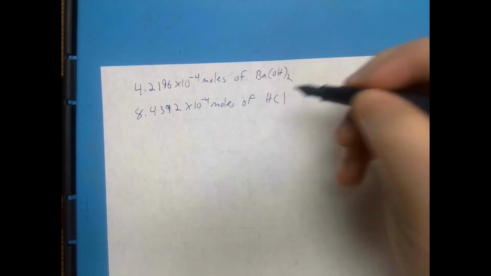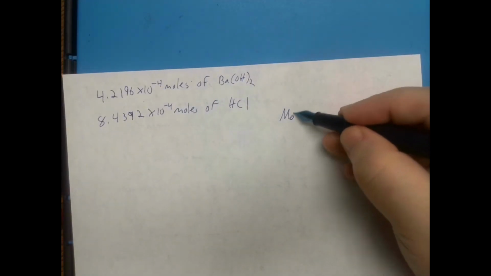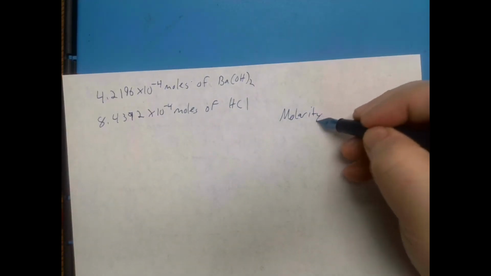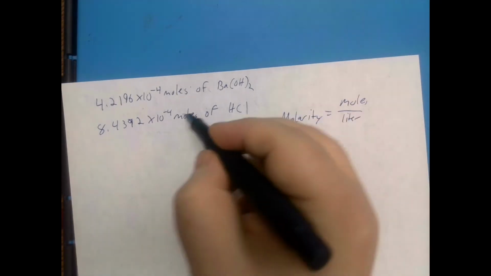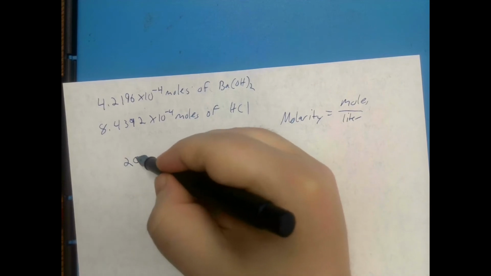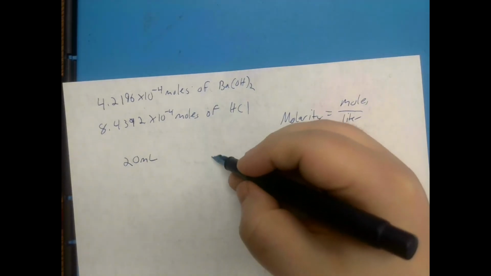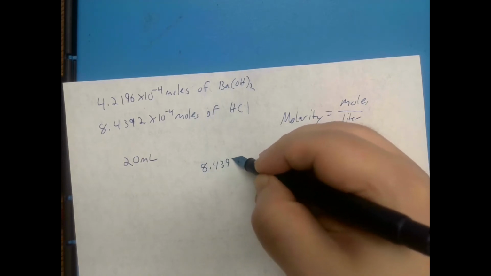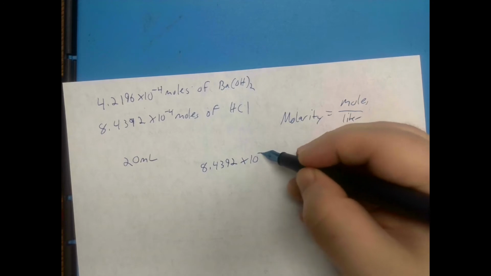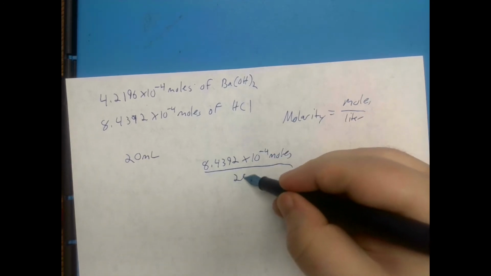Of HCl. And what is molarity? Molarity is moles per liter. And we know that this number of moles has to be in the 20 milliliter solution. So to figure out the concentration, it's 8.432 times 10 to the negative 4 moles per 20 milliliters.